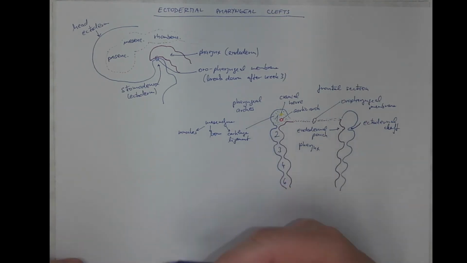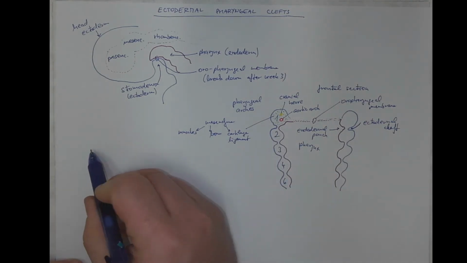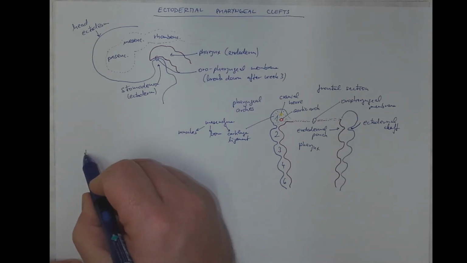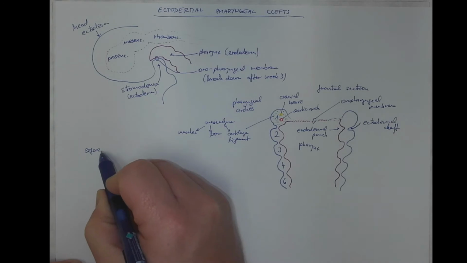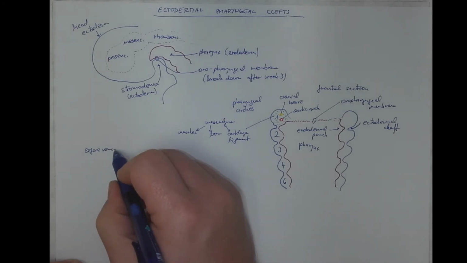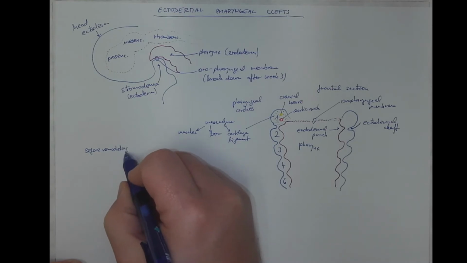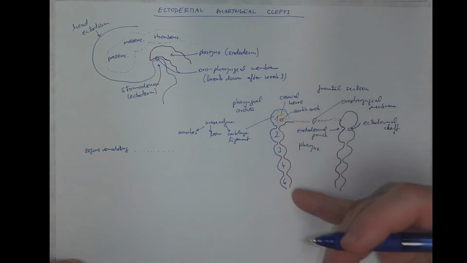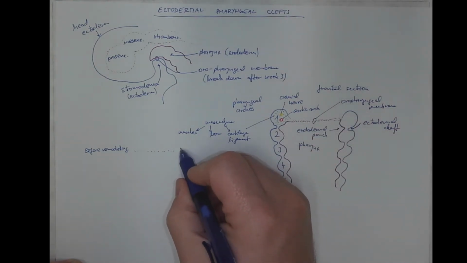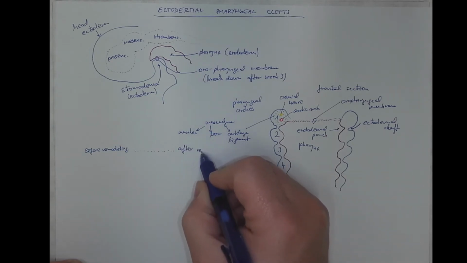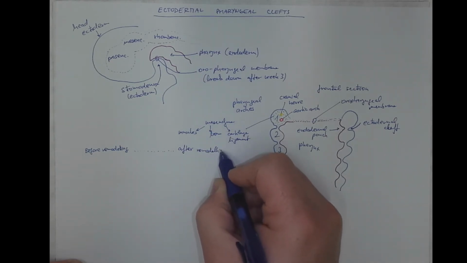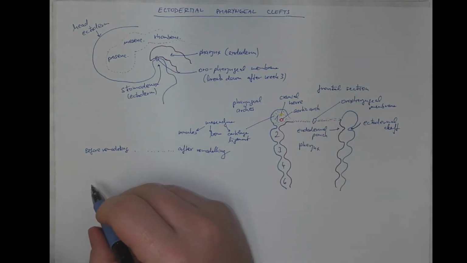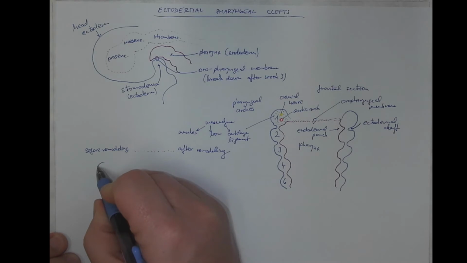As this region undergoes some remodeling, I will include the structures before remodeling to the left side, and the right side will show the structures after remodeling of this anatomical region. Before remodeling, the first arch has projections called auricular hillocks.